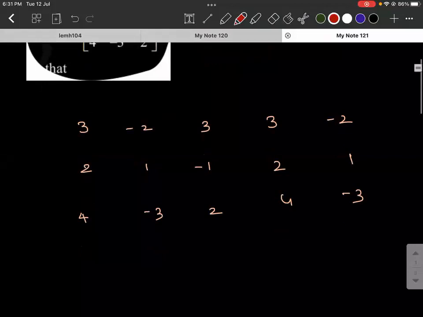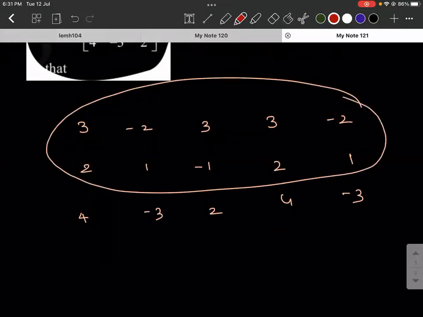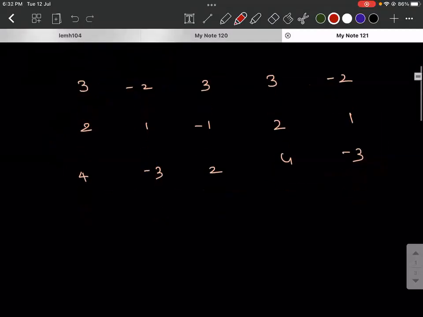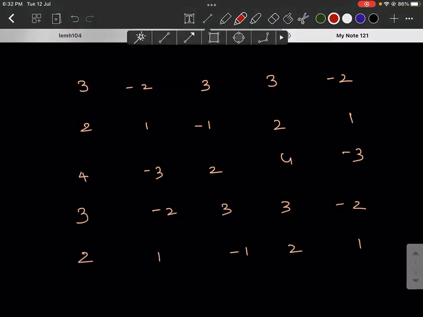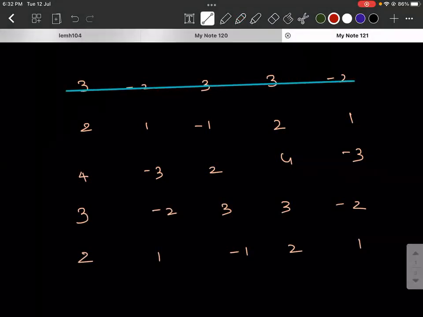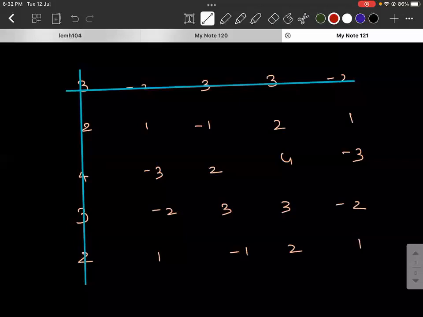Is it clear? Again, these two rows you repeat: 3, minus 2, 3, 3, minus 2, 2, 1, minus 1, 2, 1. When you repeat them, you can hide this row and this column.